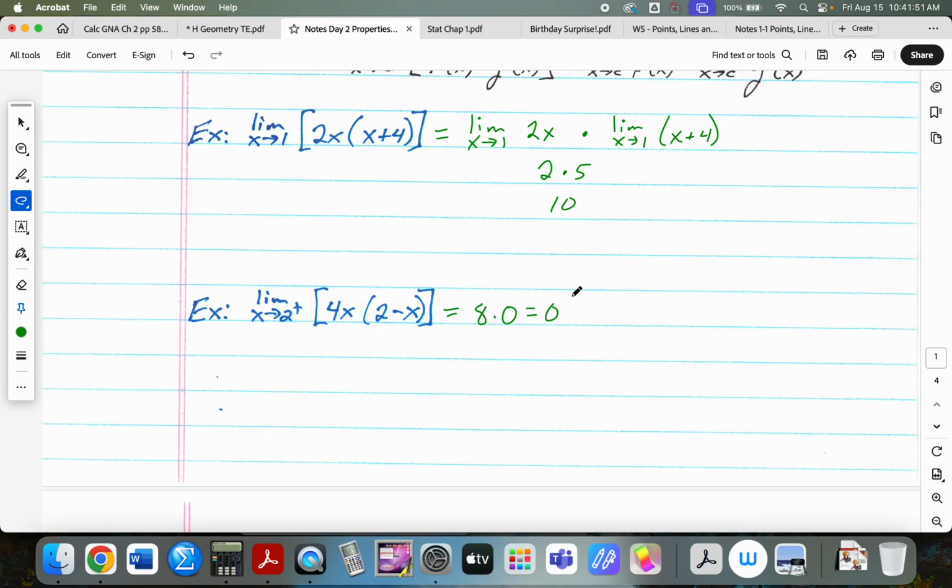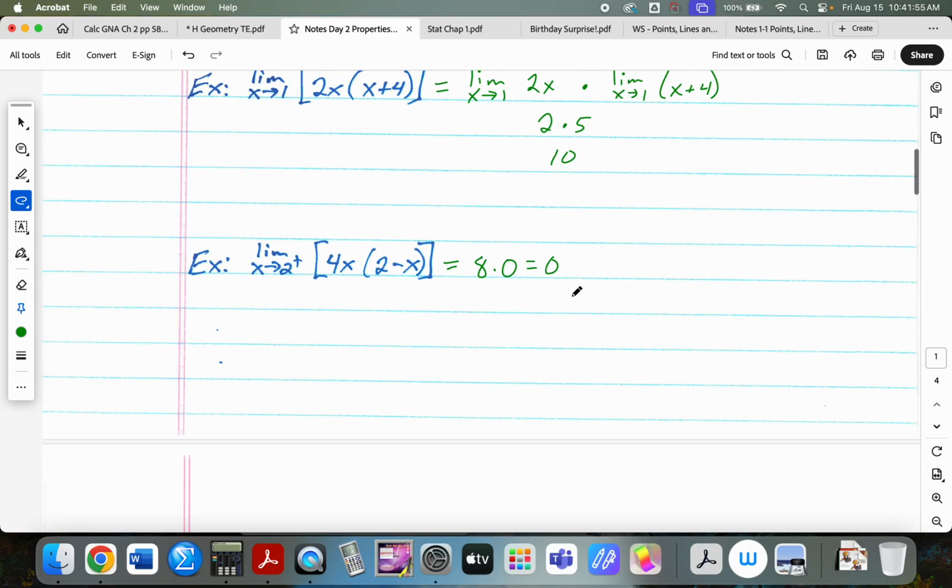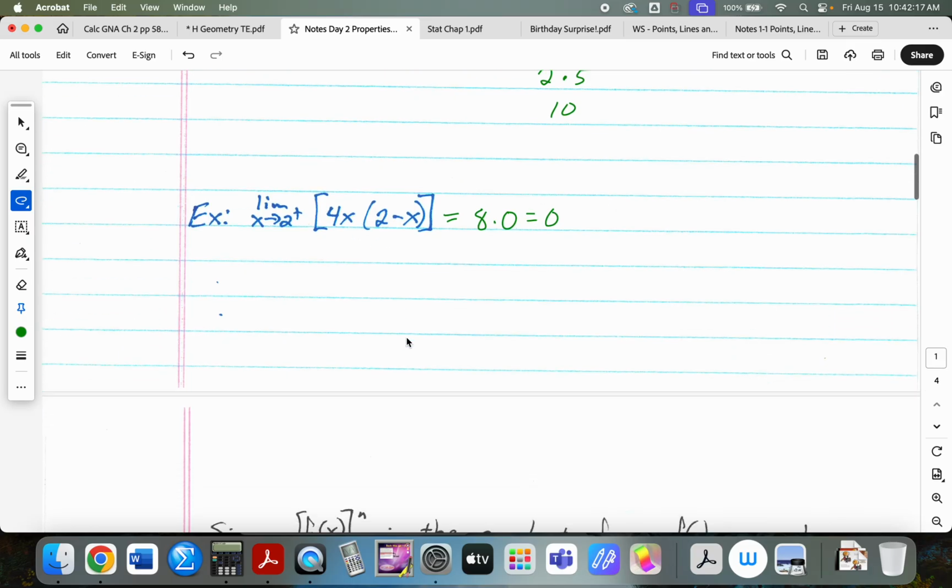Any questions about that? All right. By the way, I threw on the from the right just to see if it would shake your confidence in that. It doesn't matter that it's approaching from the right, it's approaching 0. Now, later on, there will be some where when we approach 0, it is important whether we approach from the left or the right, but we'll get to that a little bit later.